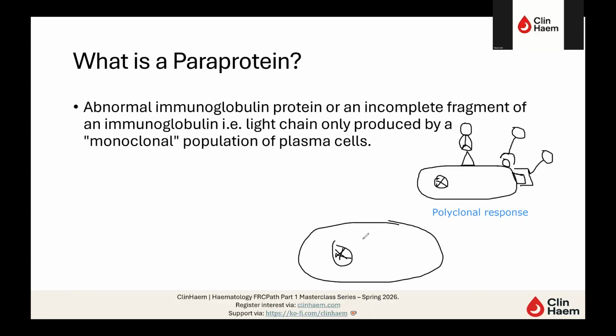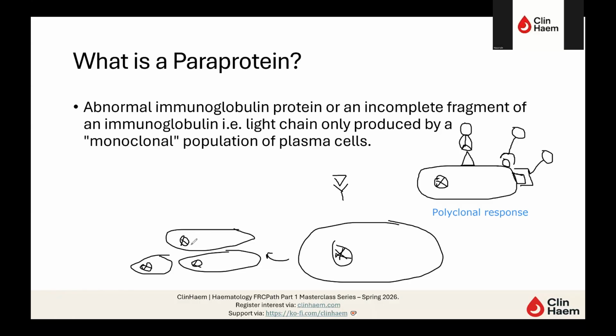But each plasma cell can only produce a single type of antibody. So say this plasma cell was going to produce antibodies that target, say, a triangle antigen, or whichever antigen. So if this plasma cell becomes malignant, which basically means it's just going to make copies of itself, so clonal. That's what malignancy is, excessive proliferation when there's no need to do so.